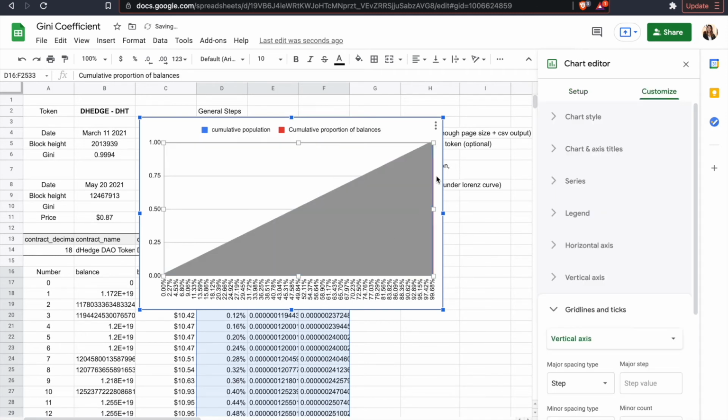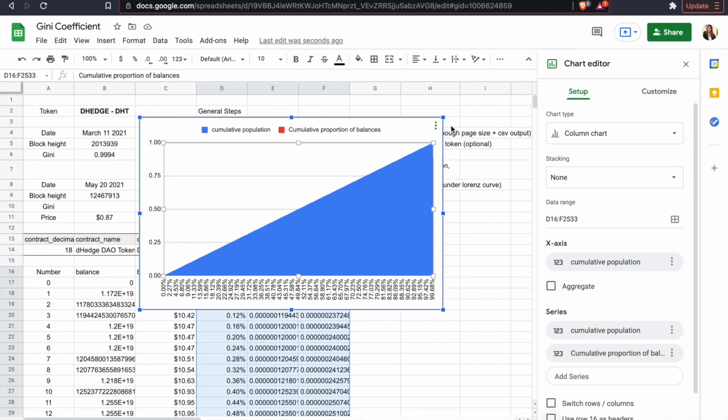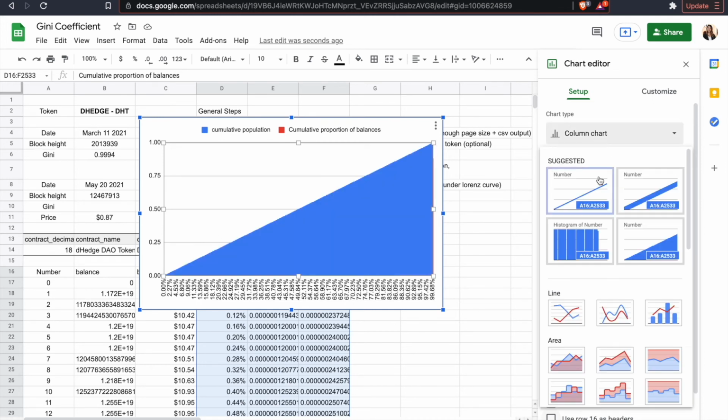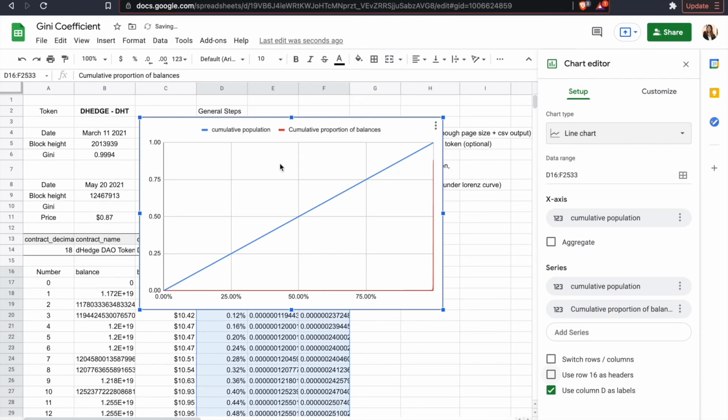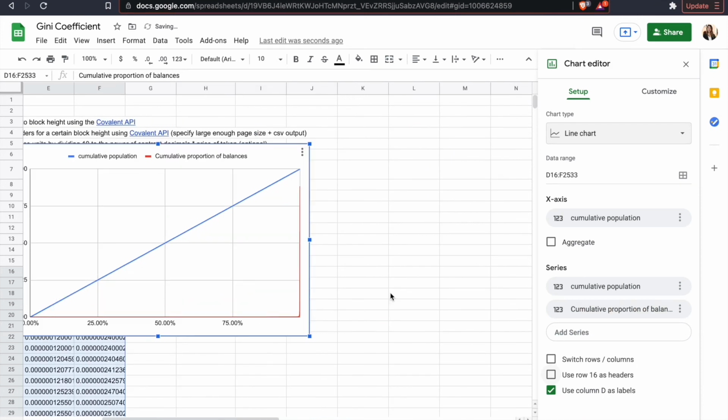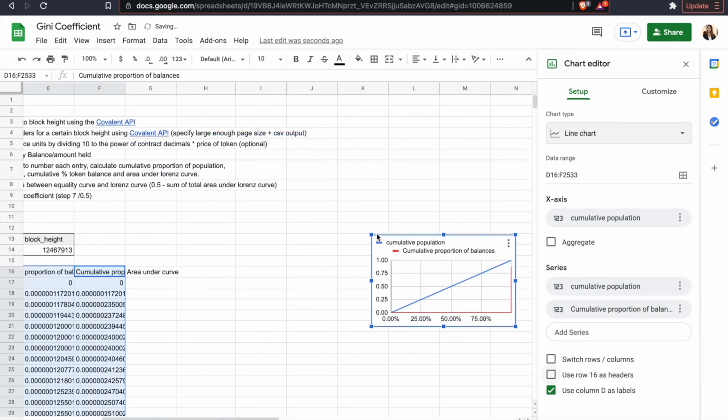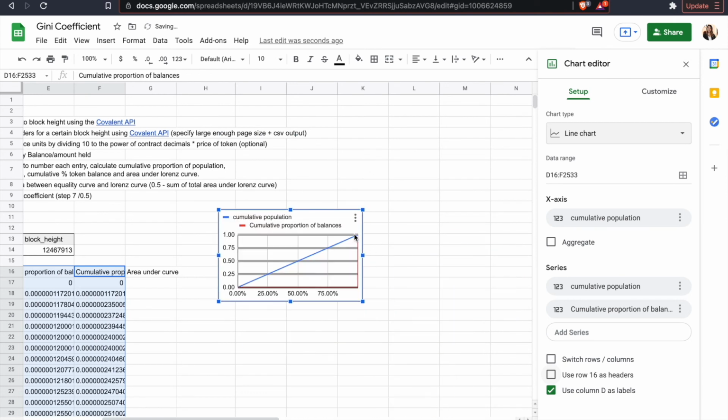And you can't really see this, but the cumulative proportion of balances is like this. And then this is the line of equality. Okay, there we go. This is what it looks like. So this is the line of equality, and this is the Lorenz curve. You can already guess that the number is going to be very high and close to 1.